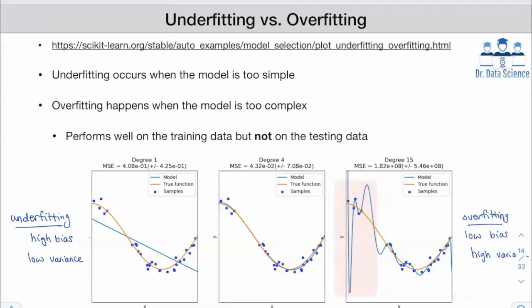It's not really sensitive to the changes in the input data. But the one on the right side for overfitting is very sensitive to the changes in the input data and is able to change very abruptly. So this means that it has high variance. So this is another way to look at underfitting and overfitting based on bias and variance.